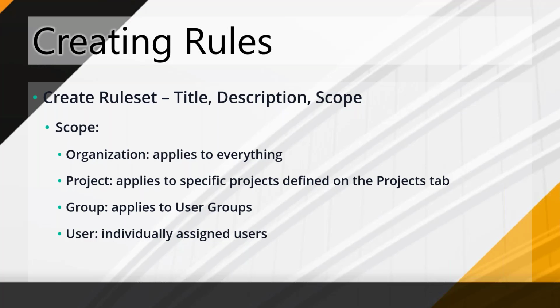You have user groups, so you can create a group of users and assign rules to that particular group, and they will be the only ones affected. Or you can manually add a user or users to a rule instead of building out a separate group.